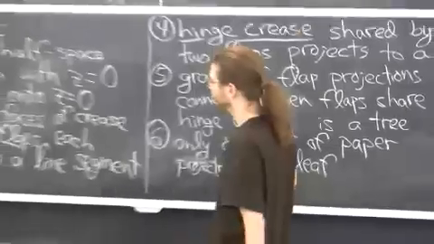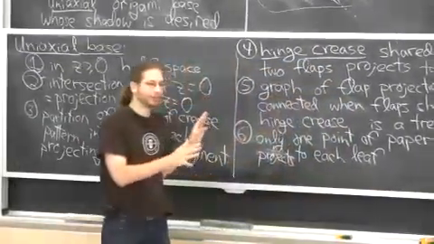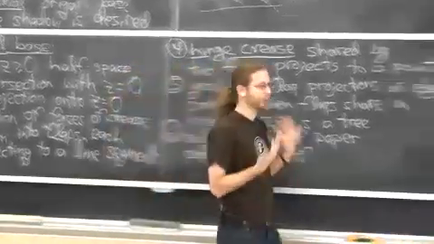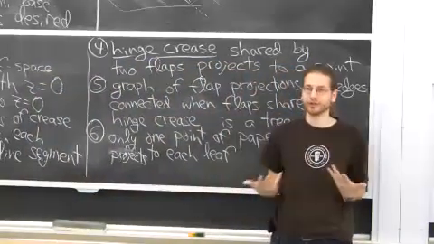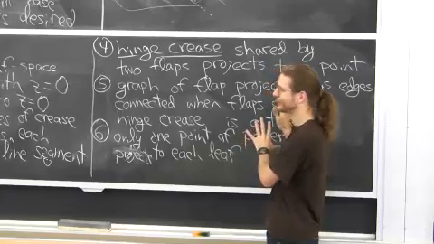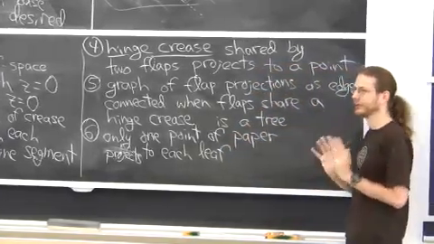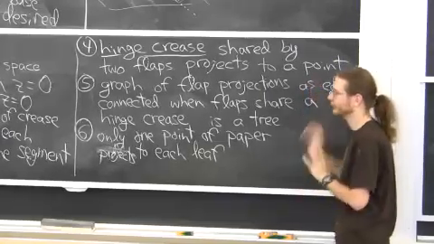It may seem tedious, but this definition sidesteps some issues which would occur if you defined it in the more obvious way, which is just take the projection, call it a tree. But I don't want to get into why you need to do it this way exactly. Maybe we'll see it at some point. Essentially, some flaps can be hidden inside others, so you need this definition for it to really work.